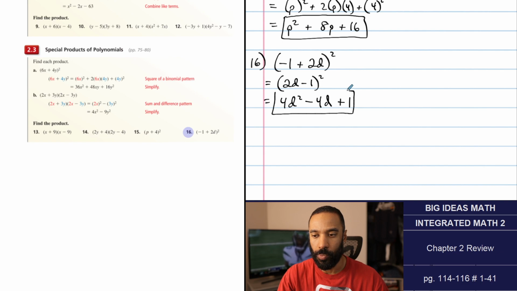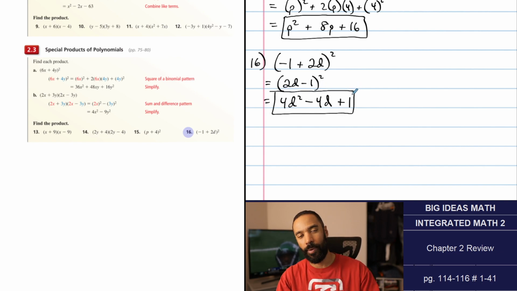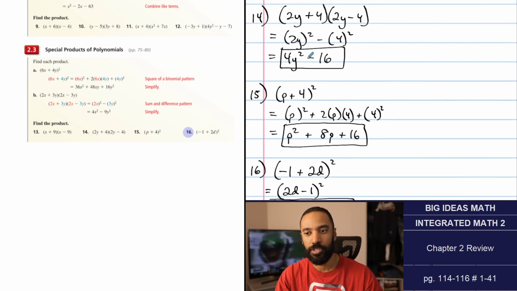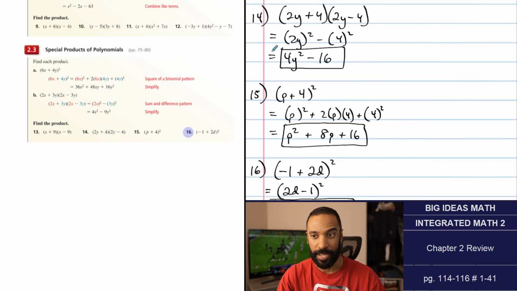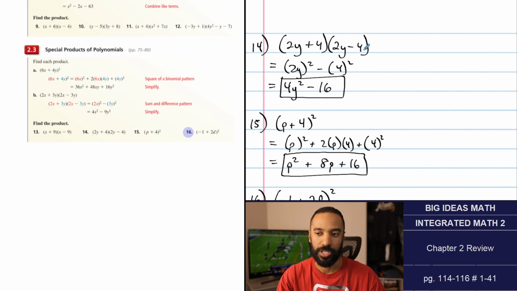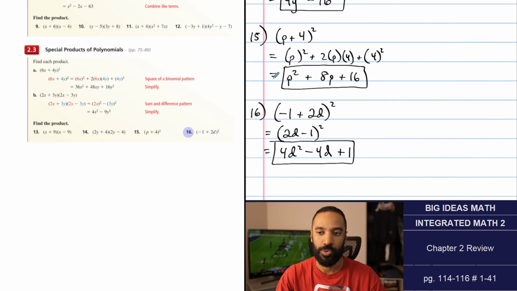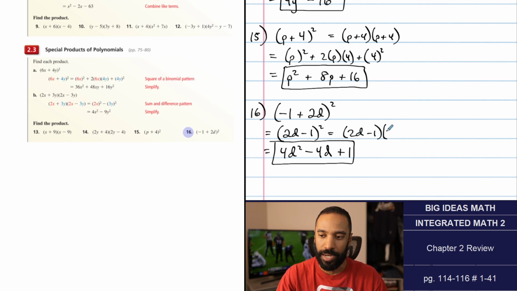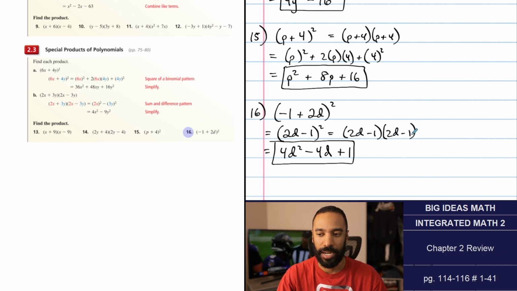So the difference between the difference of two squares last term and the perfect square trinomial last term is that the difference of two squares final term will always be subtracted. Remember what it comes from, a positive times a negative. The sum of two squares result, keep in mind what that comes from, a positive times a positive or a negative times a negative, 4 times 4, and in this case here, a negative 1 times -1, a negative times a negative.